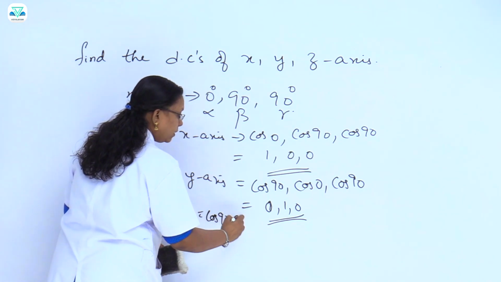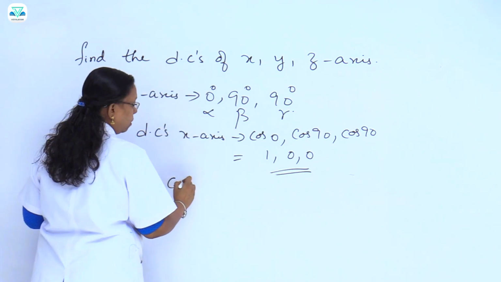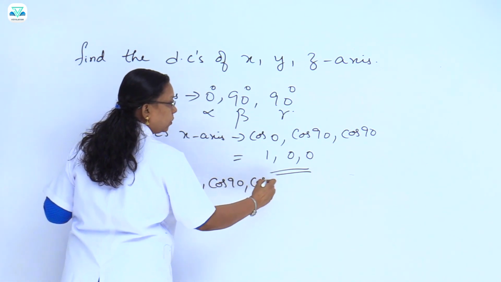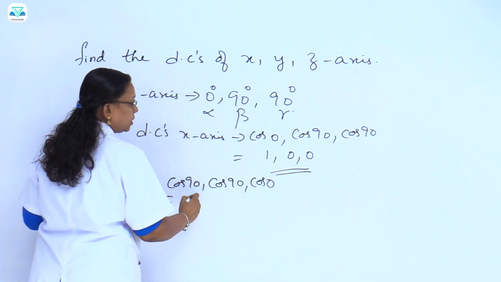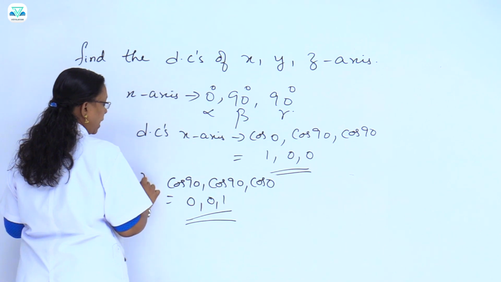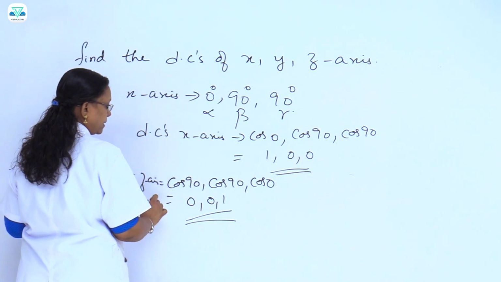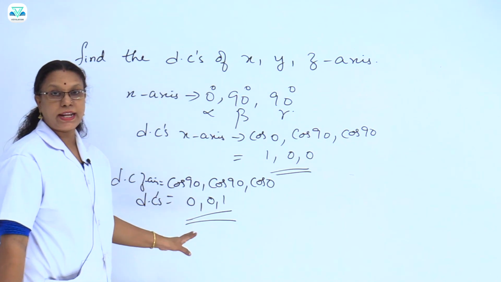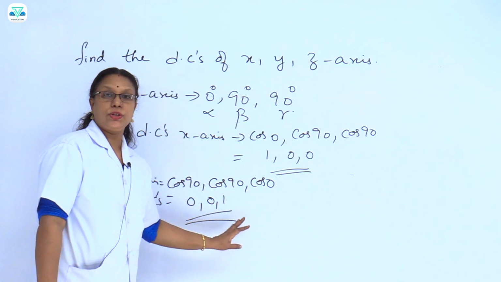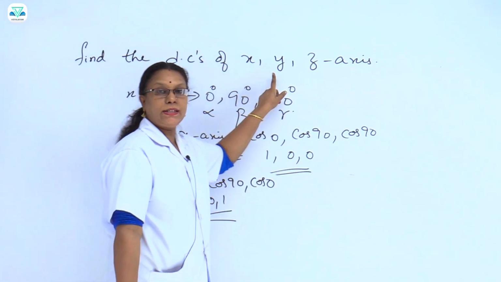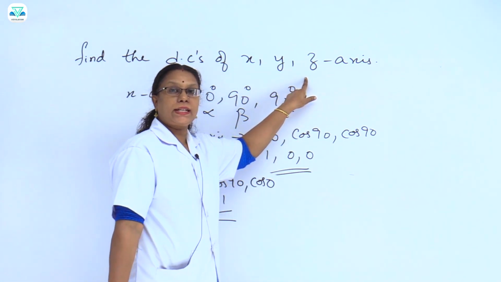Cos 90, cos 90 and cos 0, which is 0, 0, 1. This is the direction cosines of the z axis. So the x axis is 1, 0, 0, the y axis is 0, 1, 0 and the z axis is 0, 0, 1.